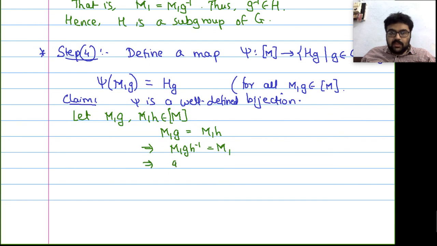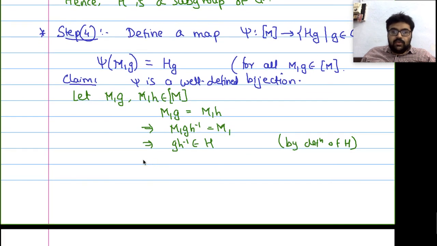This means that gh inverse belongs to H by definition of H. So gh inverse belongs to H. That means the right coset of gh inverse will be H. So this means Hg equals Hh.